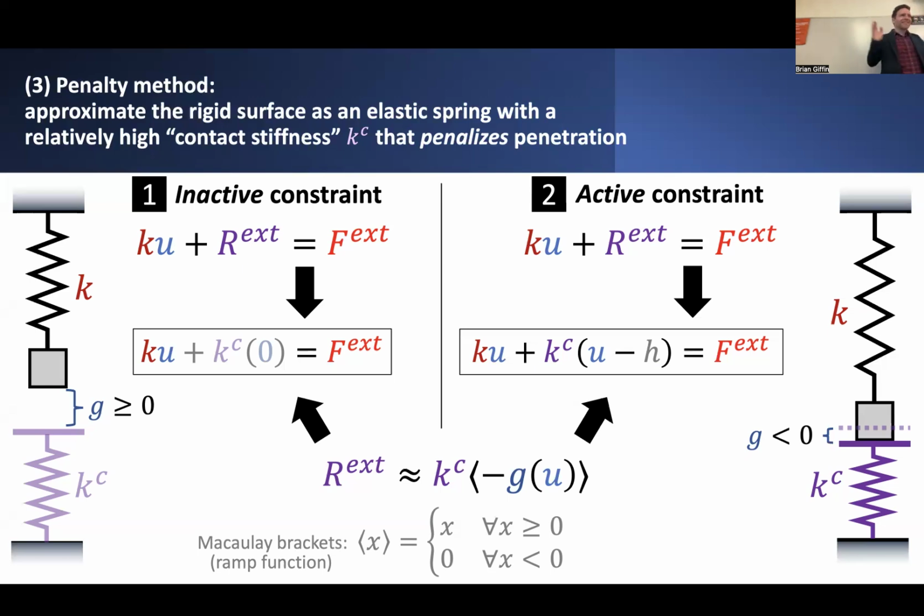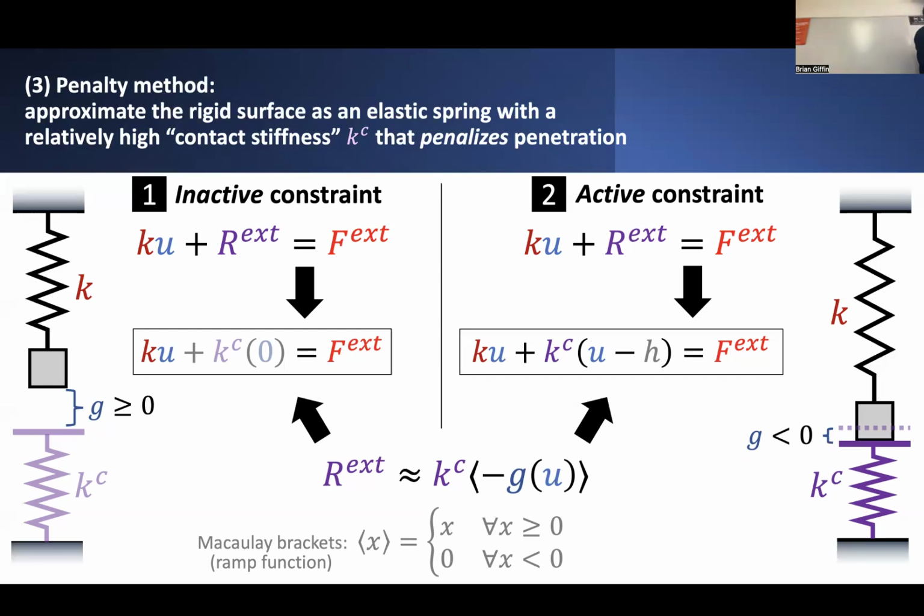And we can express this relationship between the apparent gap between these two objects, between the block and the penalty spring in particular, by saying that effectively this external reaction force is equal to the penalty stiffness of this contact constraint spring multiplied by this statement that involves these weird angle brackets.